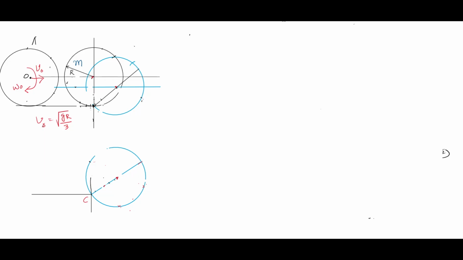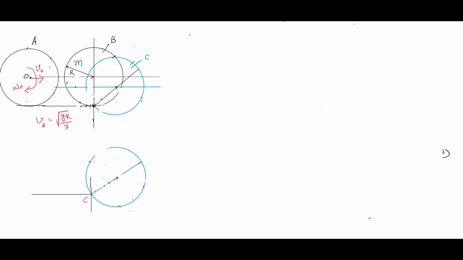The body is in state A here. This is state B of the body, and this is state C of the body.